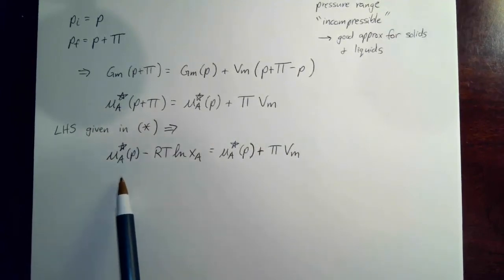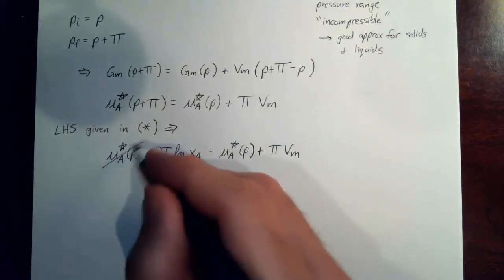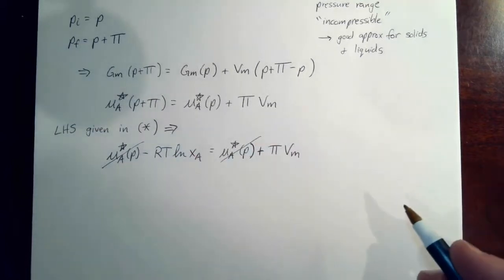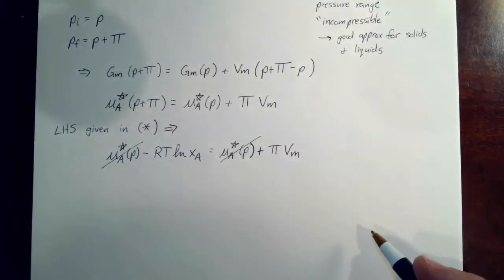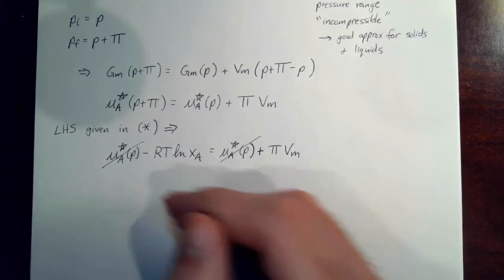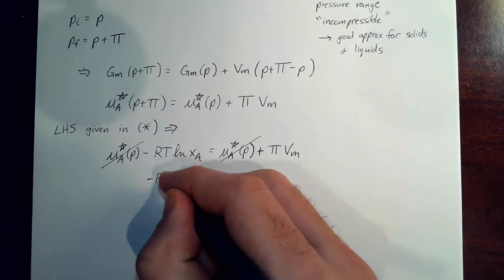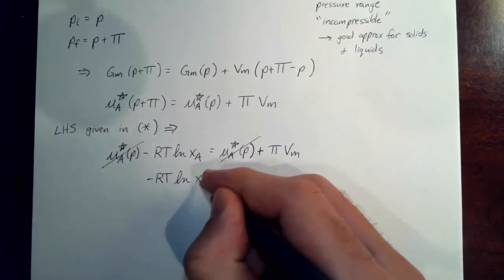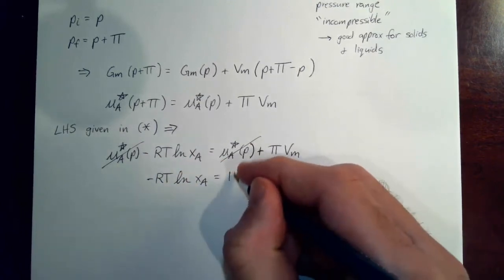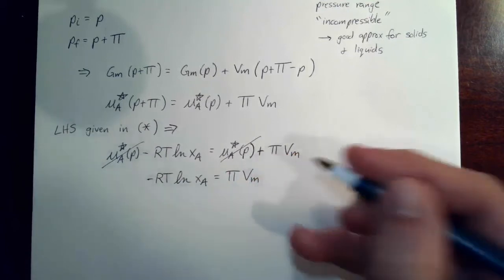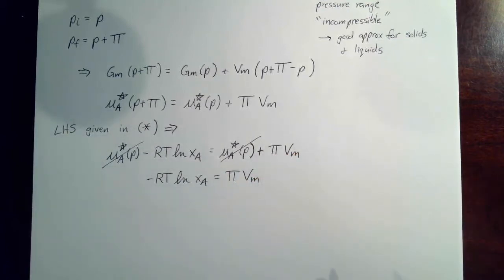And notice that the mu A star cancels on each side. And I can write this as negative RT ln XA is equal to pi times Vm. Okay, we're getting very close to being able to solve for pi here.